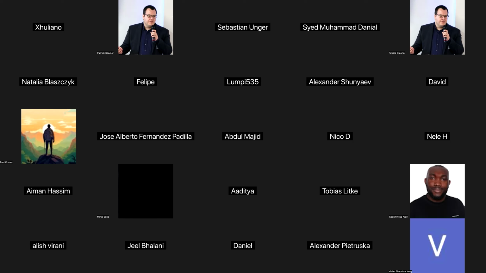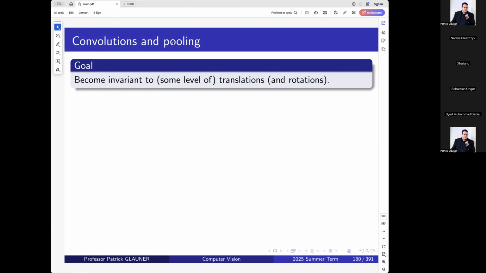But today, we want to advance this, and we actually want to look into vision problems. And we will now build a concept of convolutional neural networks. And convolutional neural networks are neural networks specifically tailored to vision problems.